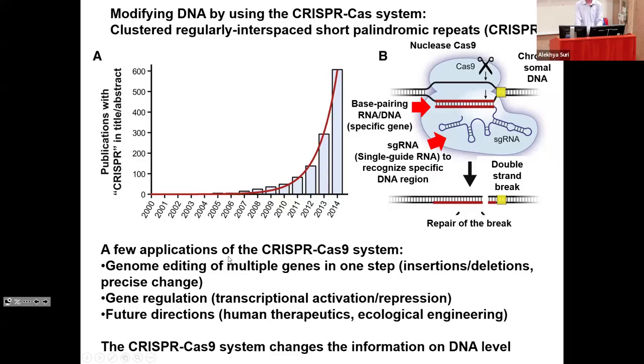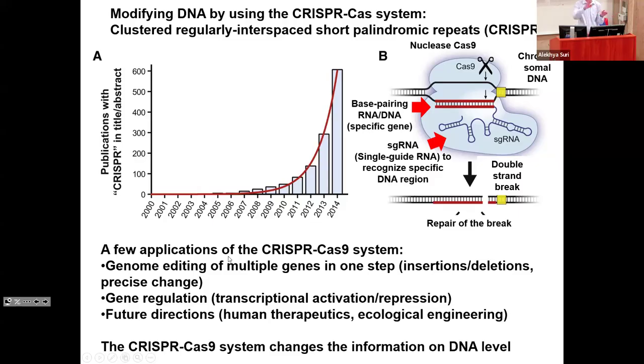And the crucial step in this scheme is that the nuclease that creates a cut in DNA is placed at the exact site where, for example, the gene correction should occur.